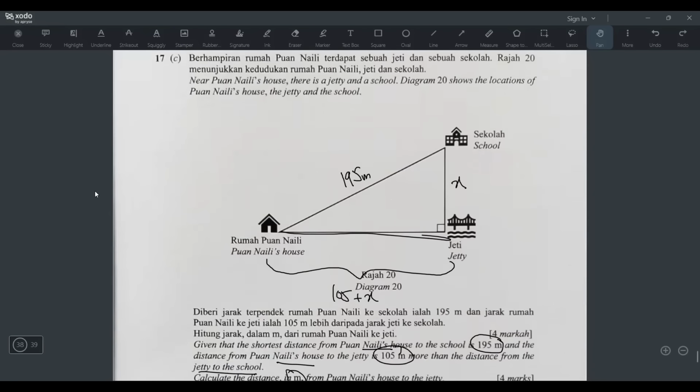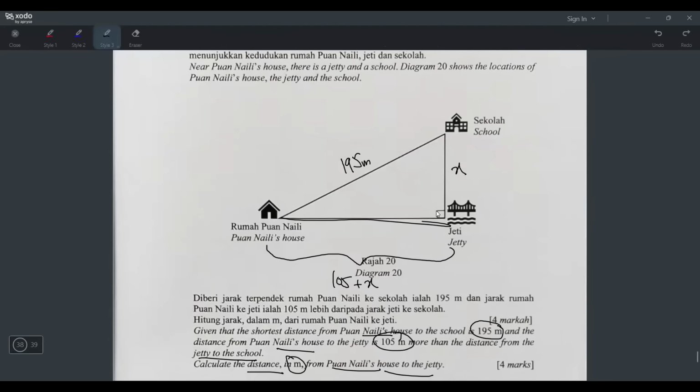Okay, how do you find X? Well, first of all, they already put a 90-degree here. So what shape is this? Right angle triangle. And usually, what formula can we use for a right angle triangle? The Pythagoras theorem, or you can use the SOHCAHTOA, the sin cos tan, the trigonometry. But this question doesn't involve angle, so we will not use SOHCAHTOA. We will use the Pythagoras theorem, and we can form a formula with these three sides.